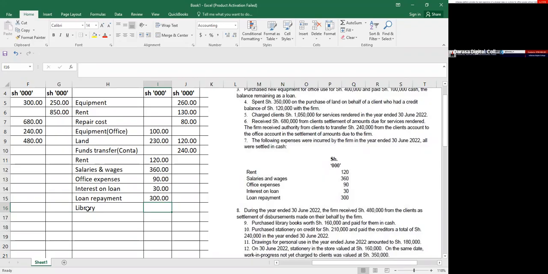That is, of course, a figure of 160. Purchase stationery on credit, so stationery will increase, and pay the creditors a total of 240. We paid creditors, so that will affect our cash book account.